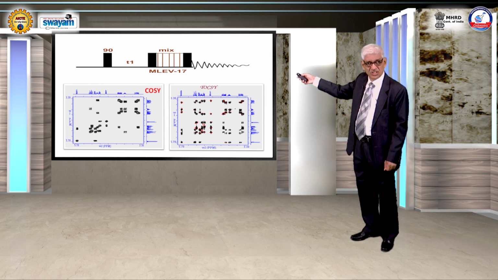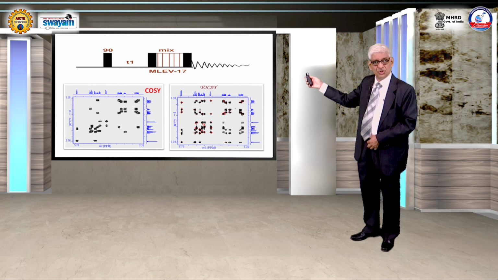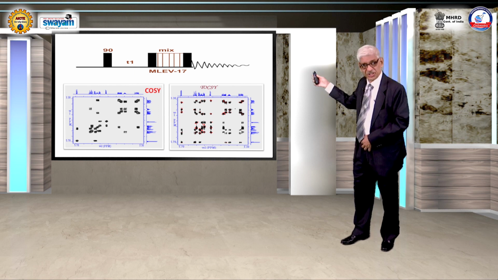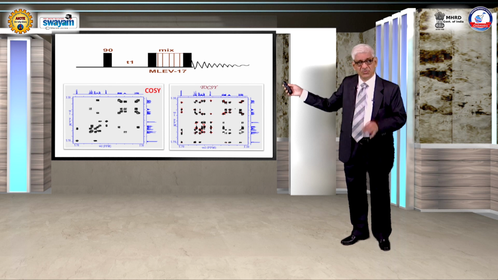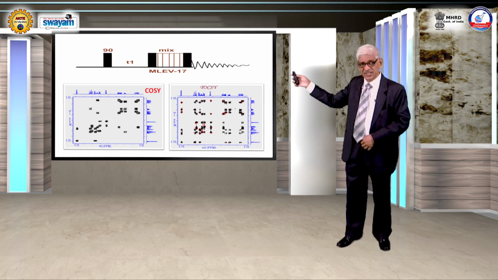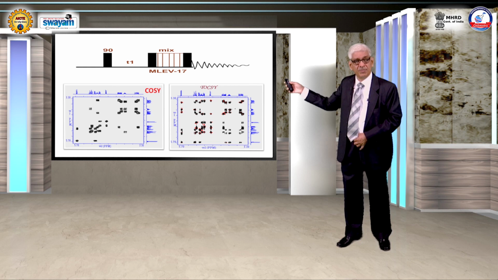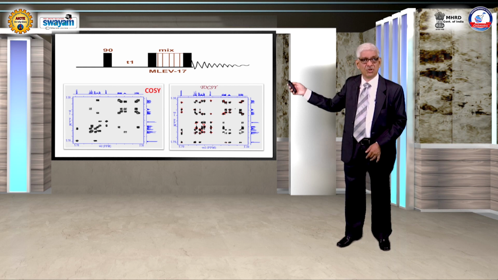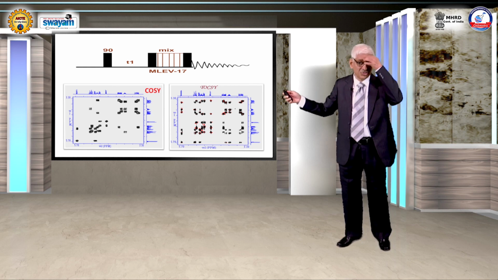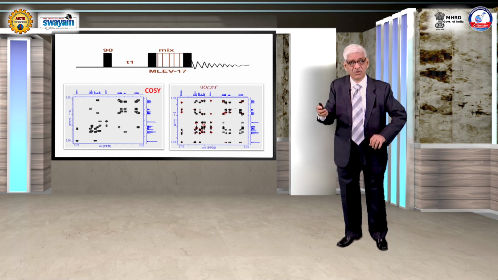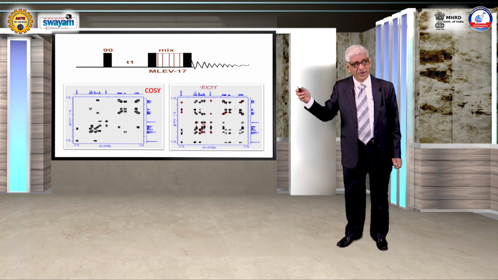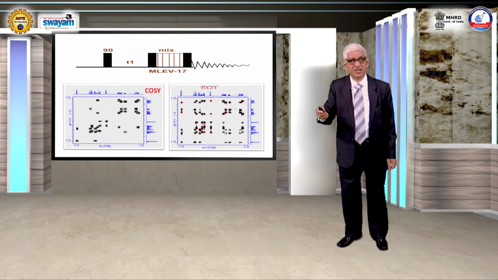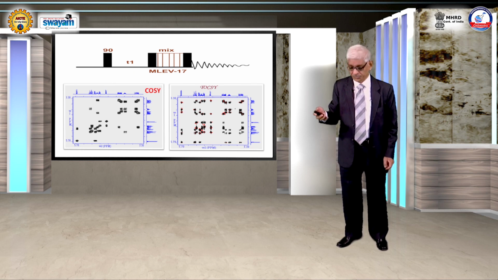The TOCSY spectrum shows you a whole lot of connections between the various protons in your molecule. So this will unambiguously establish the pattern of coupling between the various protons. These have become extremely important developments, and they have allowed analysis of complex spin systems in organic molecules and a large number of molecules.